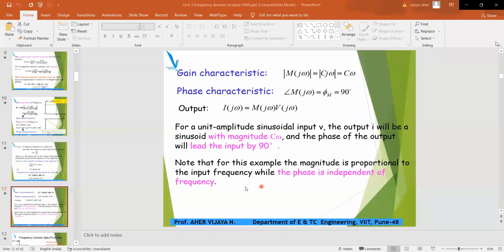And that's why you have to note this. Mj omega is nothing but magnitude of your capacitor in frequency response, that is proportional to input frequency omega, whereas there is no relation between input frequency and phase. So we can say phase is independent of frequency.